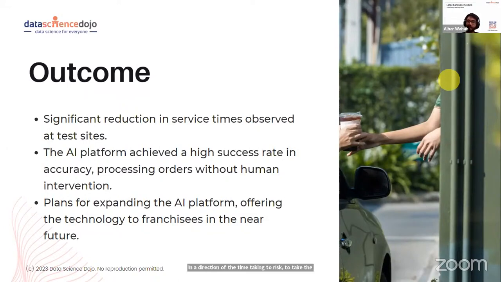But the better thing was that it had around 99%, if I'm not mistaken, accuracy when processing the orders. So initially, they have experienced a good success rate with this product. They plan on expanding this platform, incorporating more items into it, or further enhancing it and expanding it to different franchises in the upcoming year of 2024.